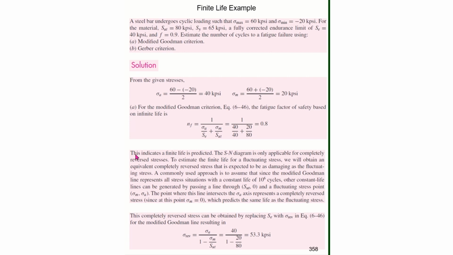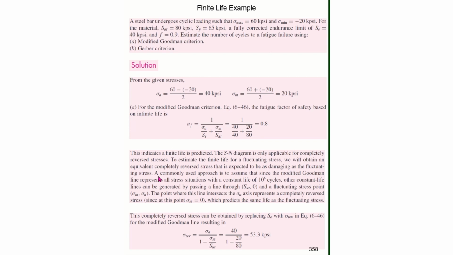Here it says a safety factor less than 1 indicates a finite life. The SN diagram is only applicable for completely reversed stresses. So to estimate the finite life for a fluctuating stress problem, we will obtain an equivalent completely reversed stress that is expected to be as damaging as the fluctuating stress.